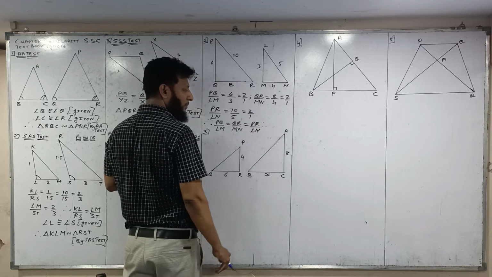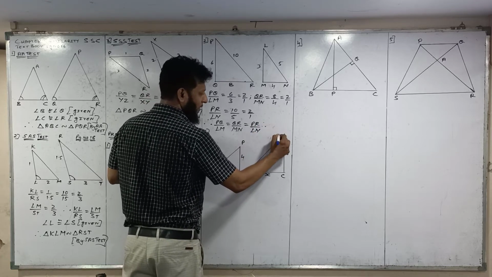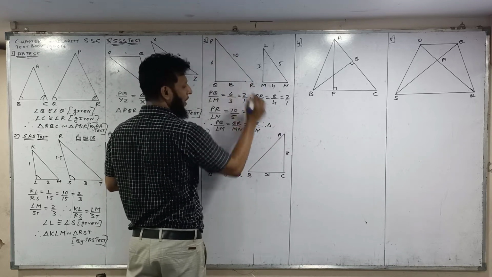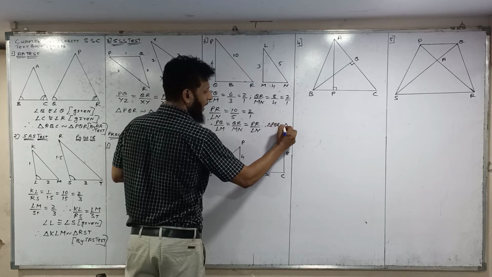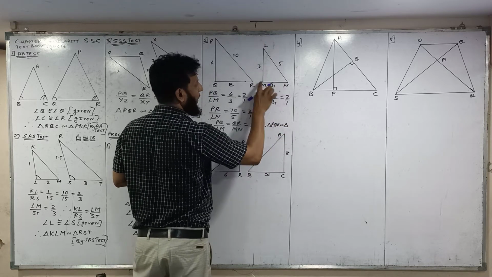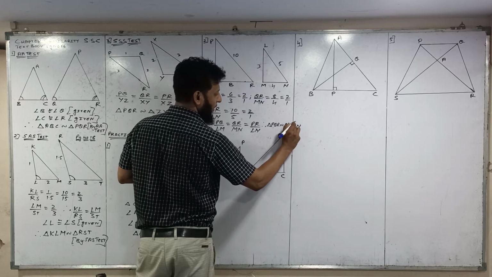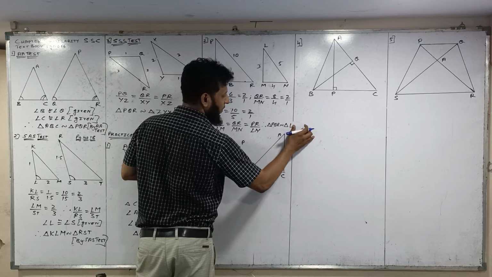Therefore, all three sides are proportional, so triangle PQR is similar to triangle LMN. Okay, LMN. No space, so I am writing LMN.